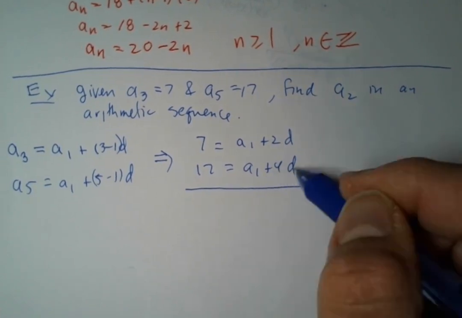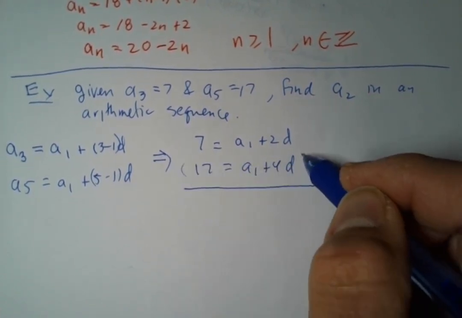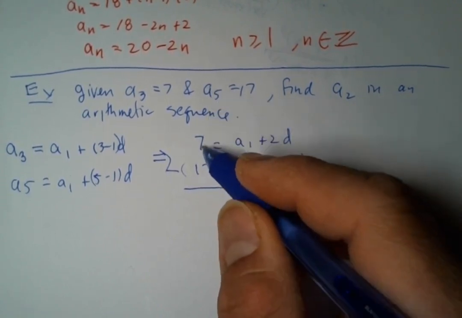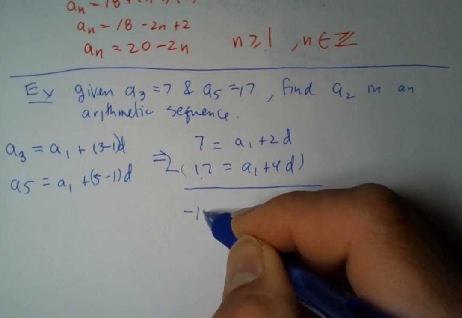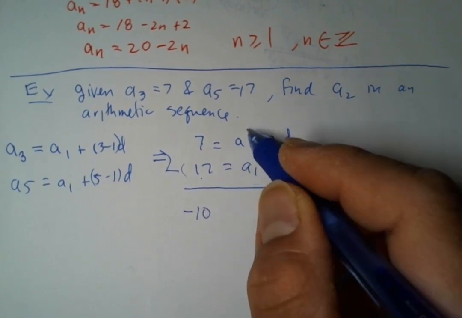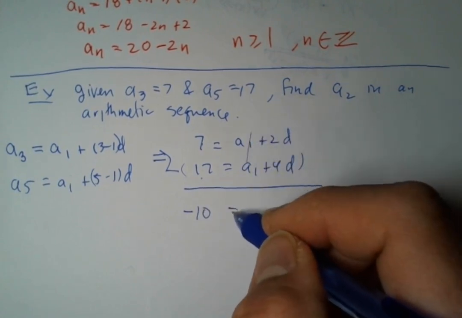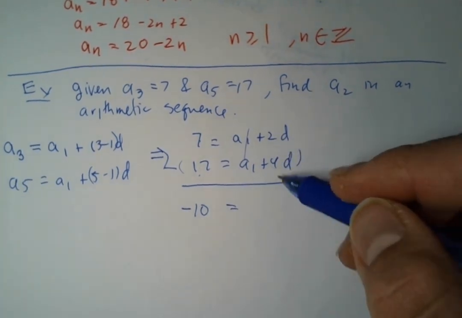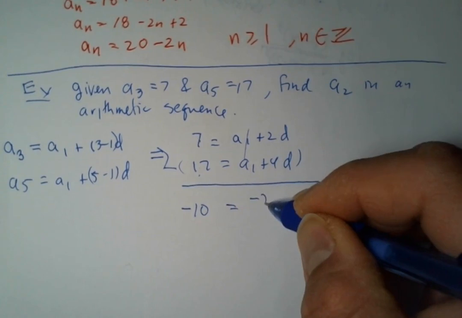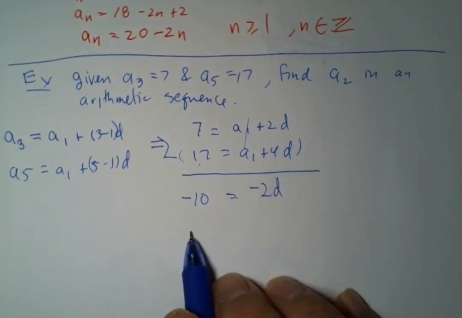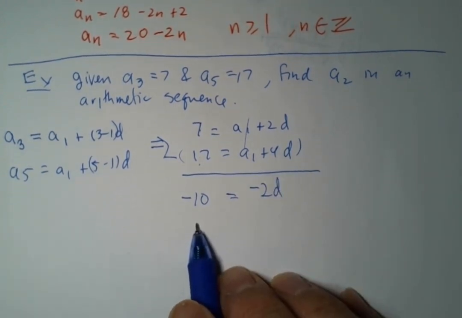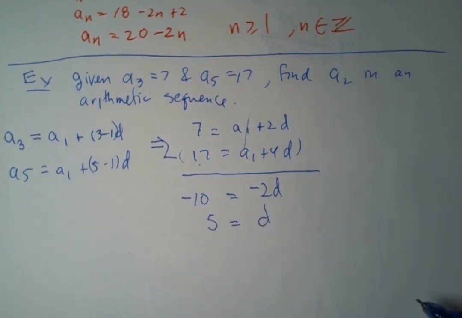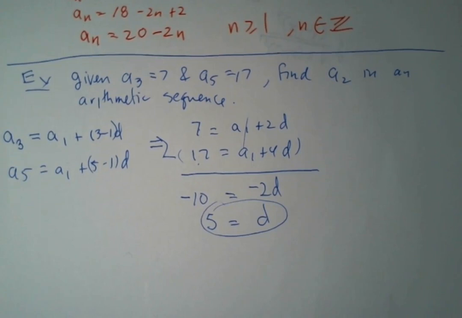I think the best way to do this is to solve for D by subtracting the bottom one from the top one. In doing that we get 7 minus 17, negative 10, negative A1 minus A1, that goes to 0, which is what I want. I want to eliminate one of these variables. And then 2D minus 4D is negative 2D, and now we can easily solve for D. Divide by negative 2, we get 5 is equal to D, and I found my common difference.